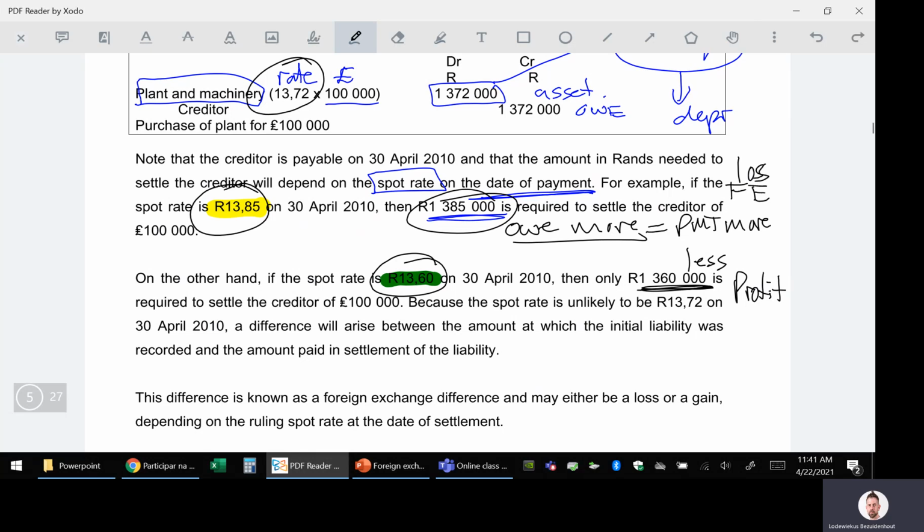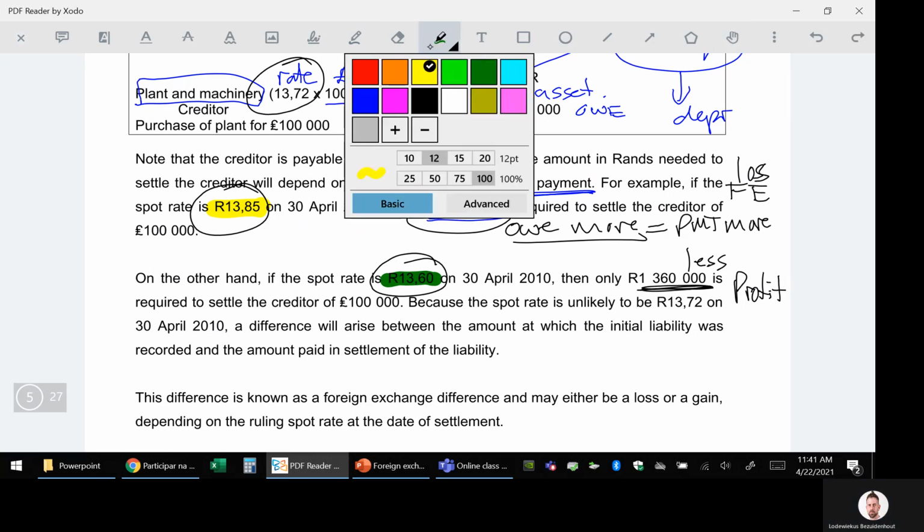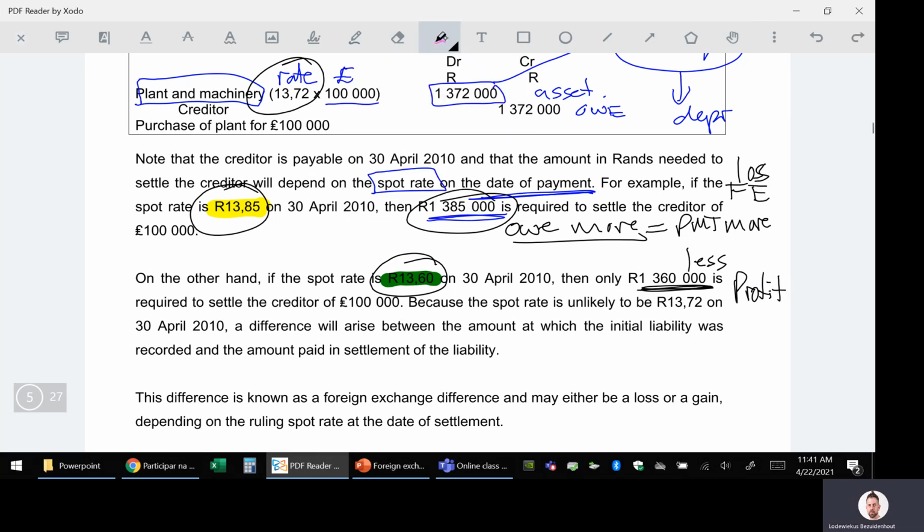So the difference between the initial liability amount and the settlement of the liability will be the foreign exchange profit or loss.